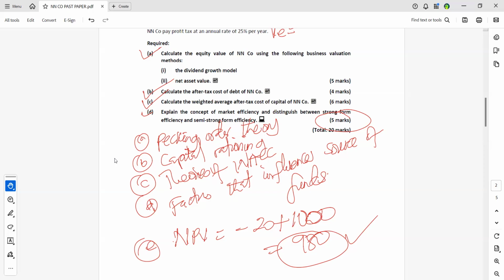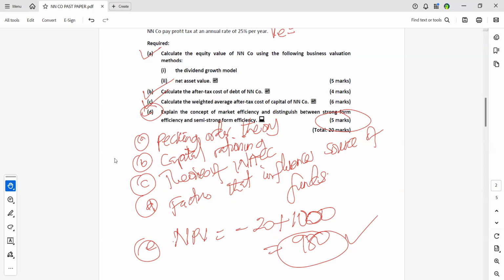I'm trying to say that instead of getting this D question here, which relates to efficient market hypothesis, there could have been a question relating to pecking order theory for you to answer. That means you need to revise your pecking order theory. There could be a question to feature under capital rationing, soft capital rationing, hard capital rationing, which we want you to know and revise.